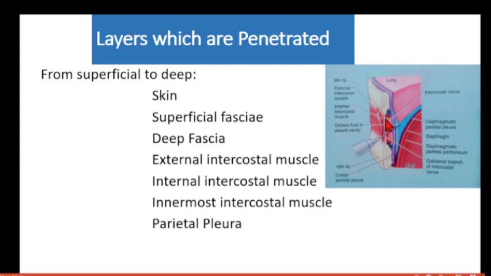This is internal intercostal muscle, and this is the innermost intercostal muscle. And to avoid injury to the vessels and intercostal nerve, the needle must be inserted superior to the rib, and then the needle gains entry into the pleural cavity.